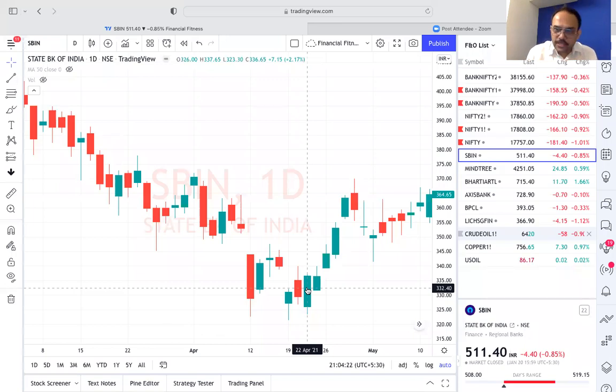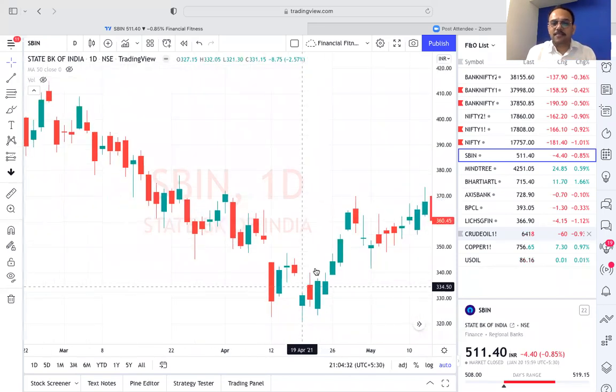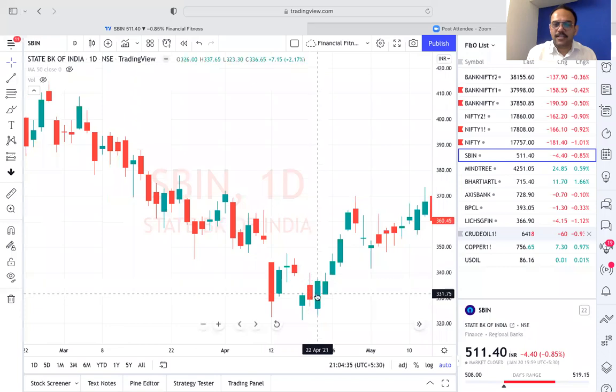So this is called a bullish engulfing. Once you see such a pattern at the bottom of the trend, the chart is telling us that it is likely that the markets will go up. So whenever we see something like this after the market has gone down considerably, the market is talking to us that it is likely to go up.